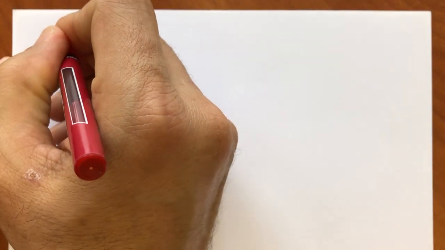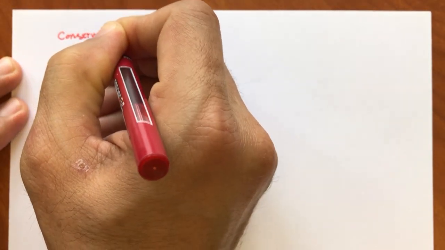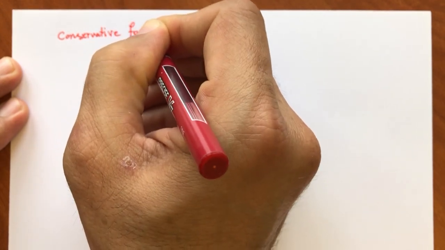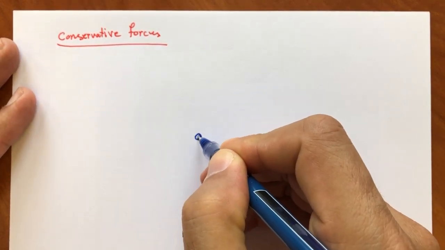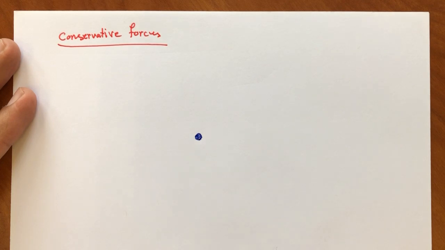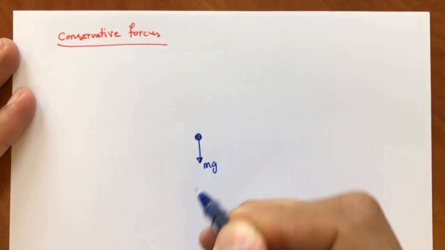Another important point is about conservative forces. So what is a conservative force? You are going to see at the end of this section. I'm going to show that with an example. Let's say we have a particle at this point, and we have gravitational force on it, mg.